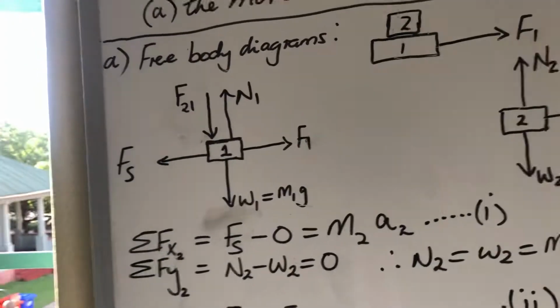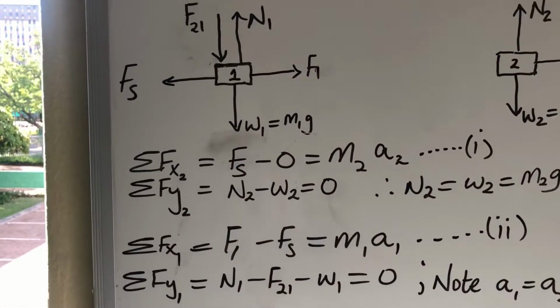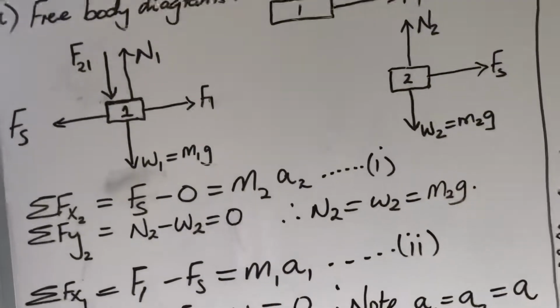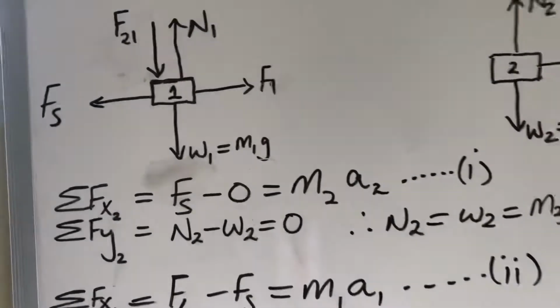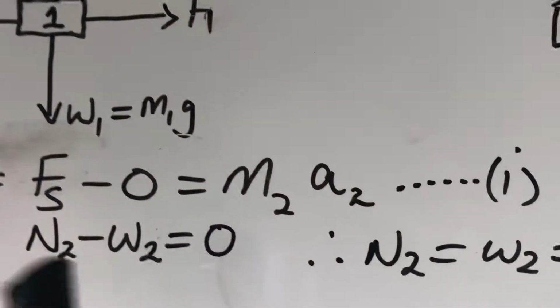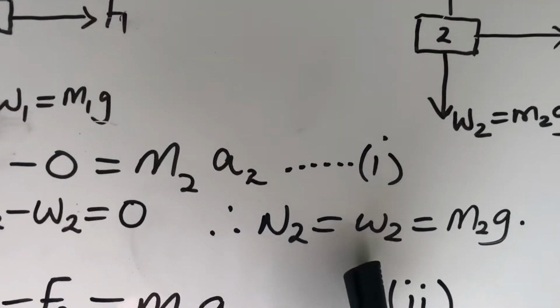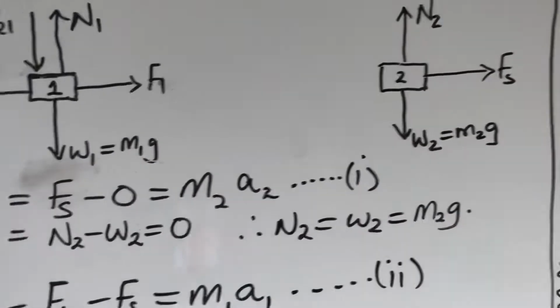Therefore, the acceleration is 0. So Ma, M times A, which is 0, will give us a 0. That's why you see me simply writing 0. If we are to rewrite this, we will find that N2 is going to be equal to W2, which is going to be equal to M2G.